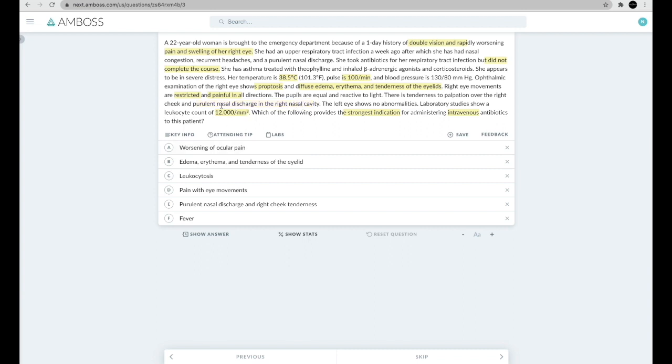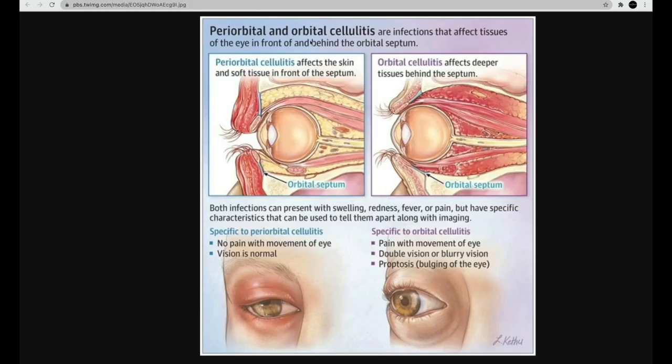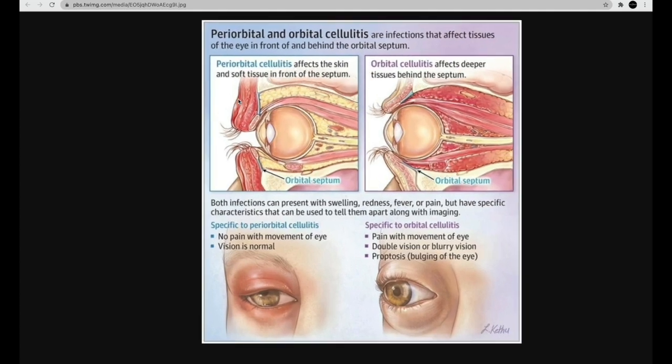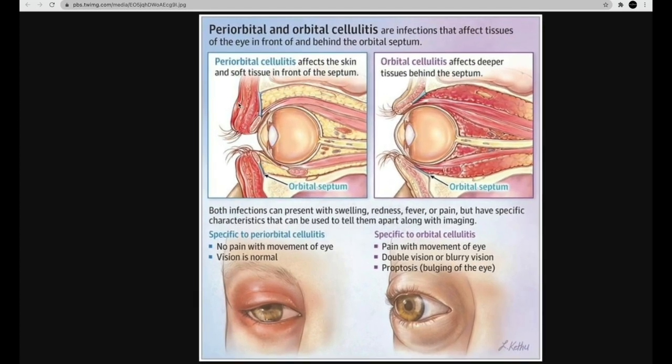And now back to our leukocyte count. So obviously she has orbital cellulitis, which is treated by intravenous antibiotics. But there's another differential for orbital cellulitis, guys, which is preseptal cellulitis, which also presents with fever and eyelid edema and tenderness, all these stuff. Now, what is specific to orbital cellulitis that will make you differentiate and therefore give intravenous antibiotics? The fact that she had proptosis, guys, means something is pushing behind the inflammation.